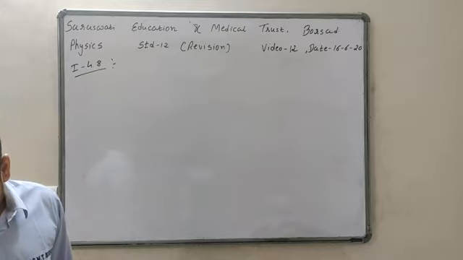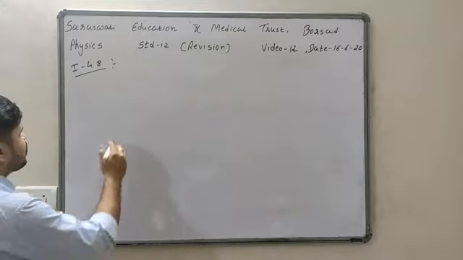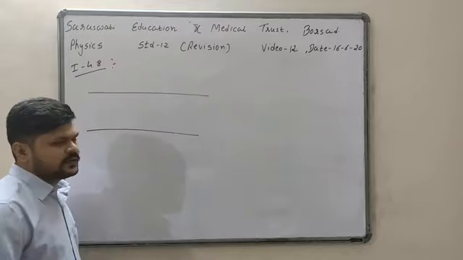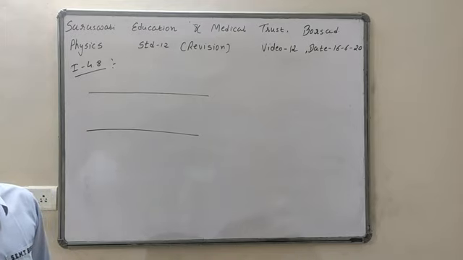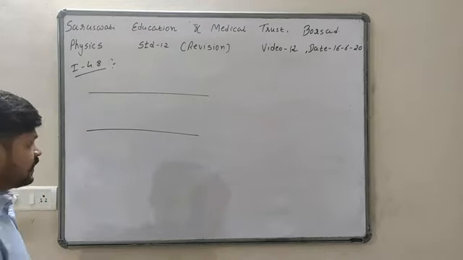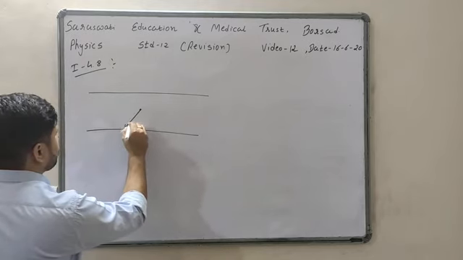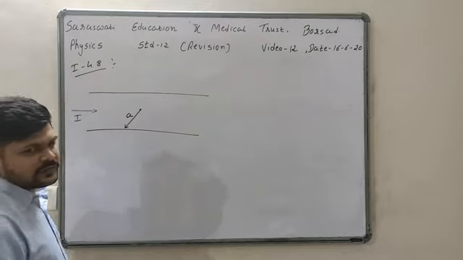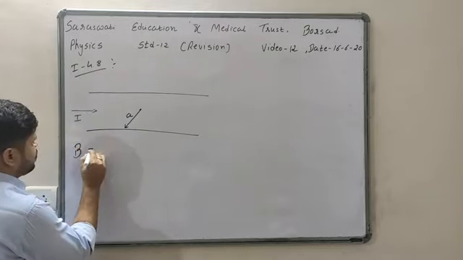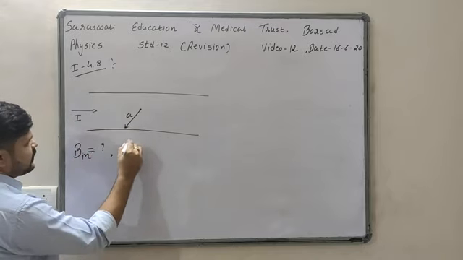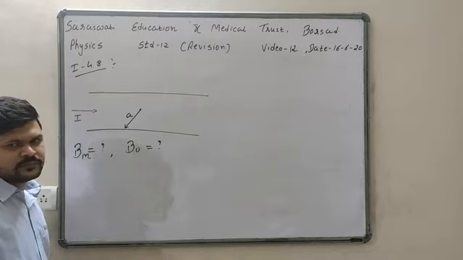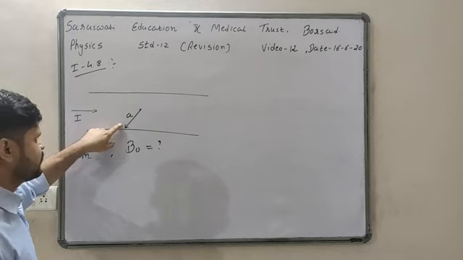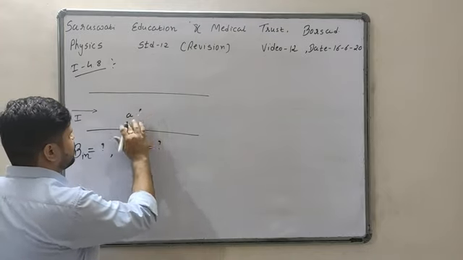In the data we are given that there is a wire of radius a. From this wire current I is flowing. We are asked to find out the magnetic field inside the wire and also outside the wire. This is the wire, from this wire current I is flowing, and the wire has radius a.